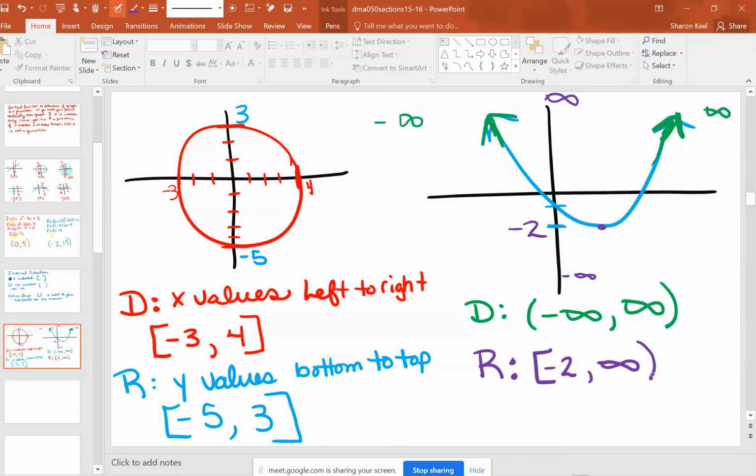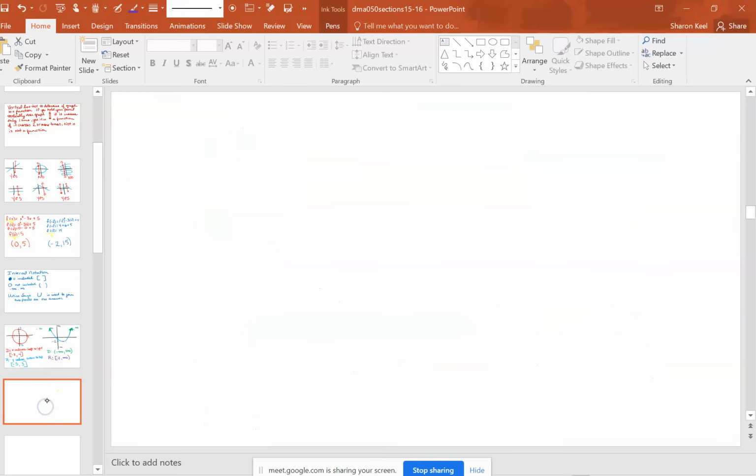Let's see. You may also, sometimes instead of a graph such as this, have a graph that could look such as, let me give you one. Let's do a straight line graph. Okay, let's say we have a graph in this format.